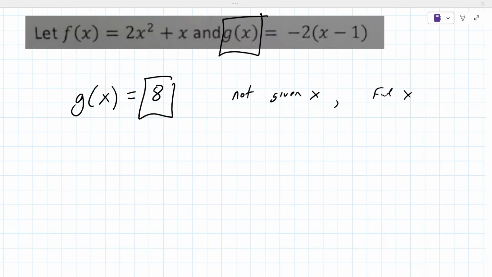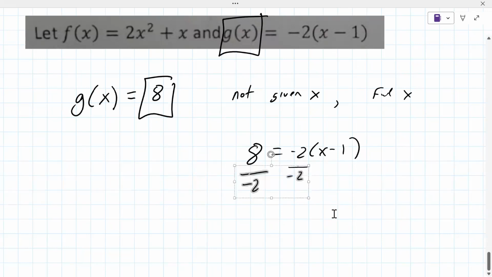So let's try this here. Did you write 8 equals -2 times x minus 1? Yes. The next step here is to divide by -2. That's one option, actually. Is that what you did? Or did you distribute the -2 in? Yeah, I just distributed it.